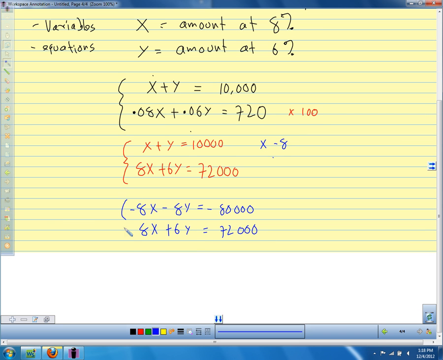Add those together. This adds to 0. I get negative 2y equals negative 8,000. Divide by negative 2 and y comes out to be 4,000. Plug that back into this first equation, and x has to equal $6,000. So my investment: $6,000 at 8%, $4,000 at 6%, and that'll give me $720 in interest.